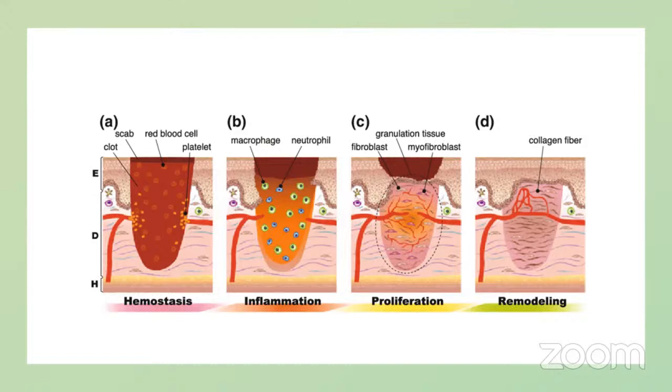So that's the first thing that is happening in the body. In addition, the blood vessels in the surrounding area will also constrict. In the second phase of inflammation, we can see platelets releasing chemokines and cytokines, which eventually will signal the production of macrophages and neutrophils. So all this debris, scab tissue, external microorganisms, everything is removed.